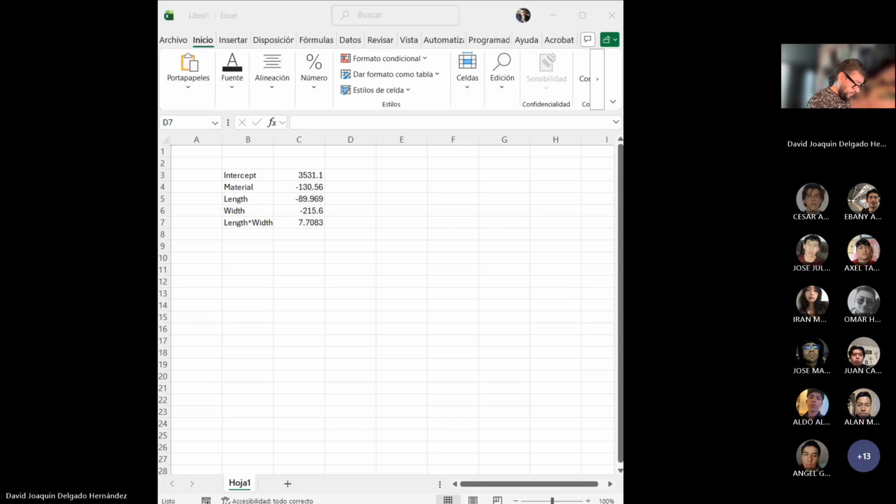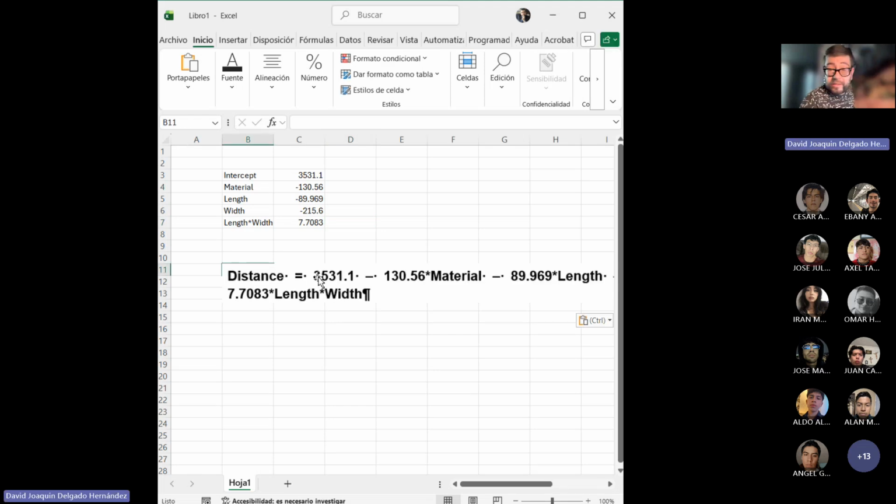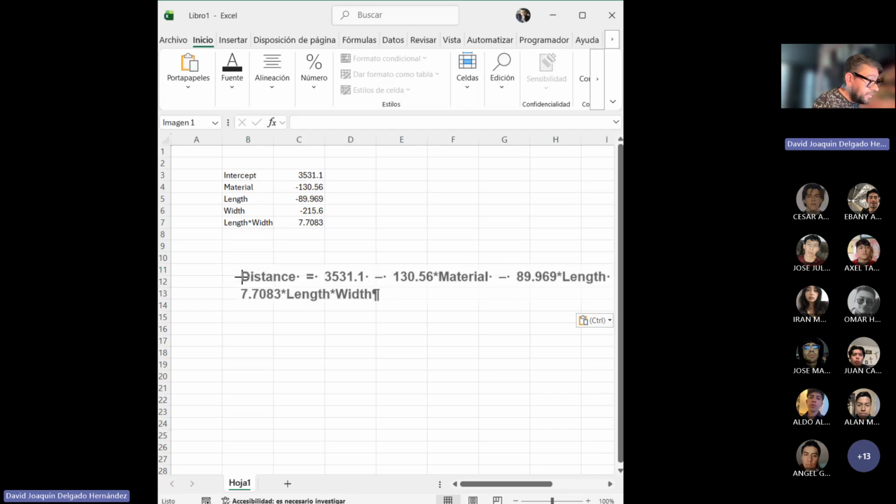Perfect. This is the model, right? Well, what I am going to do now is to see how well this model predicts my distance.